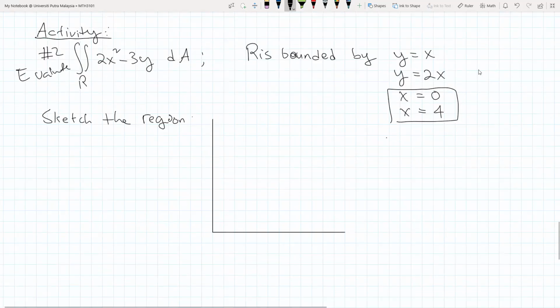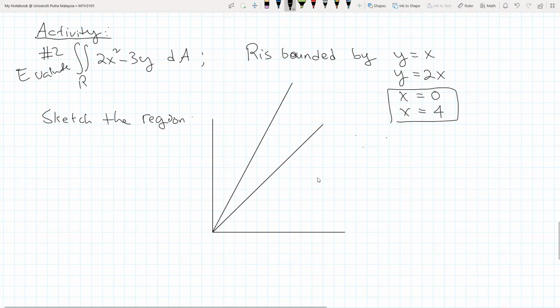So if you look at this region, it is probably a type 1 because x varies. So this is x equals to, let's say, y. And then x equals to, let's say it has to be a bit more accurate. If this is 2, then this one is 2. So it looks roughly like that.